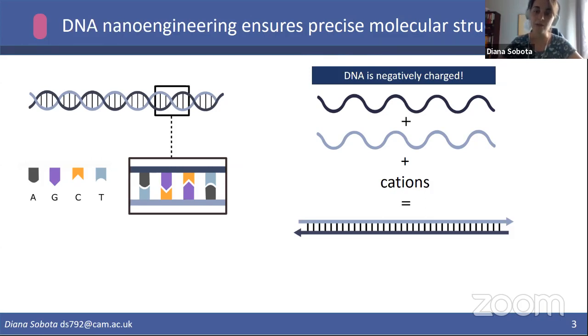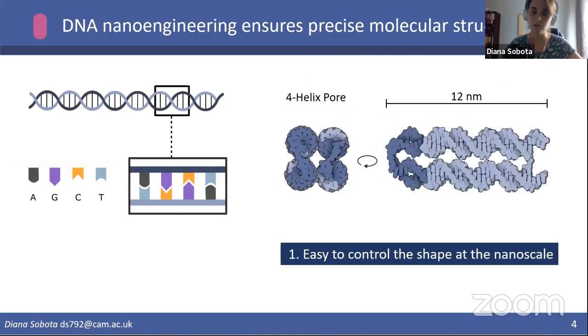Now let's make it a little bit more interesting. We can have plenty of these little strands, design them in a way that they can form, for example, something like this. This is already pretty simple, but you can see that we have an amazing amount of control over structure at the nanometer scale.